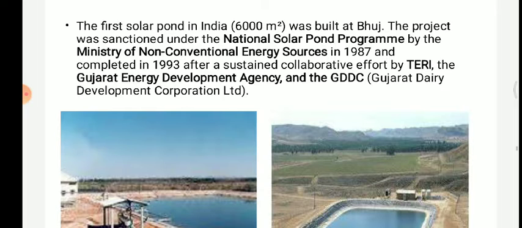The project was sanctioned under the National Solar Pond Program by the Ministry of Non-Conventional Energy Sources in 1987, and completed in 1993 after sustained collaborative efforts by TERI, the Gujarat Energy Development Agency, and GDC, Gujarat Dairy Development Corporation Limited.